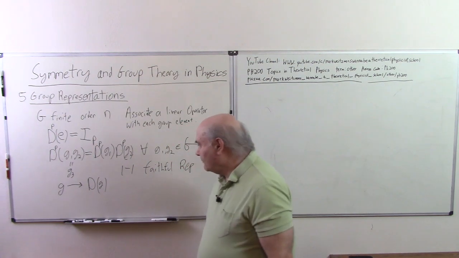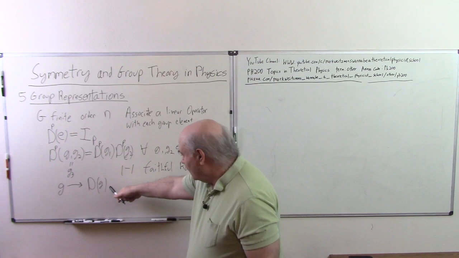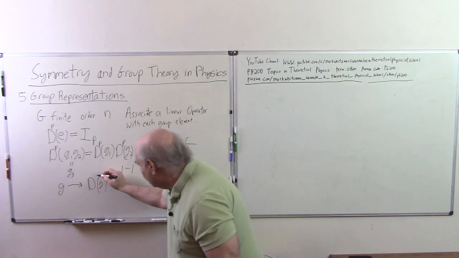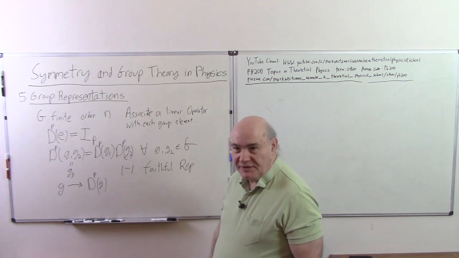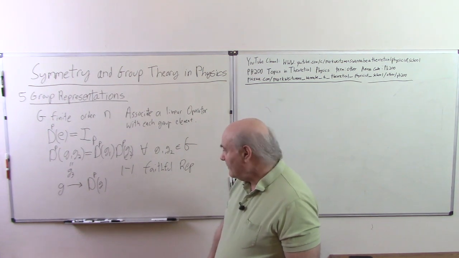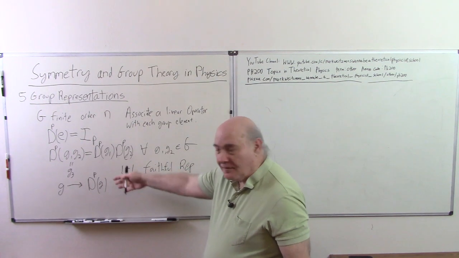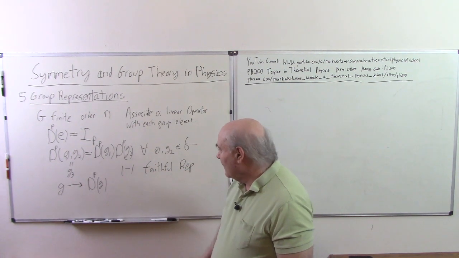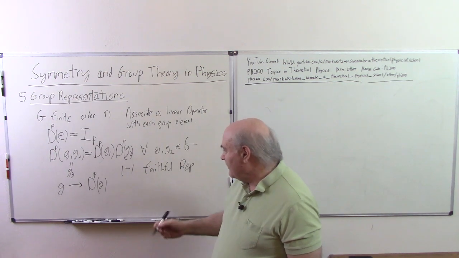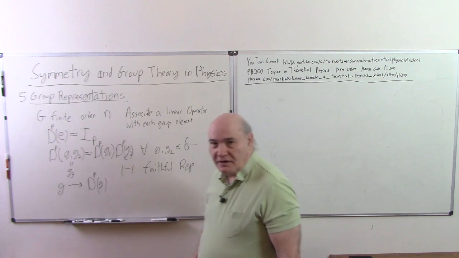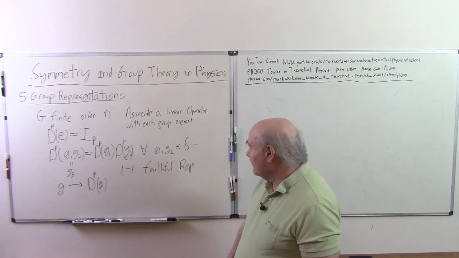But for finite groups, we're never going to map to the whole vector space. There are definitely going to be other matrices in this P-dimensional space that group elements don't map to, because there's always an infinite number of matrices in a P-dimensional space. So one-to-one means it's a faithful representation, and if not, it's considered an unfaithful representation. But that's okay, and we'll have that a lot of times.